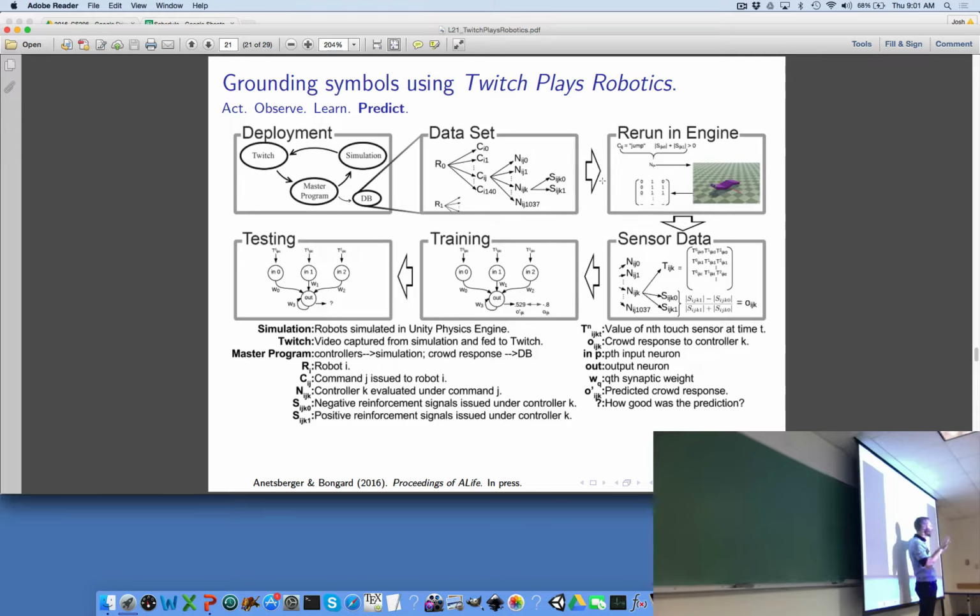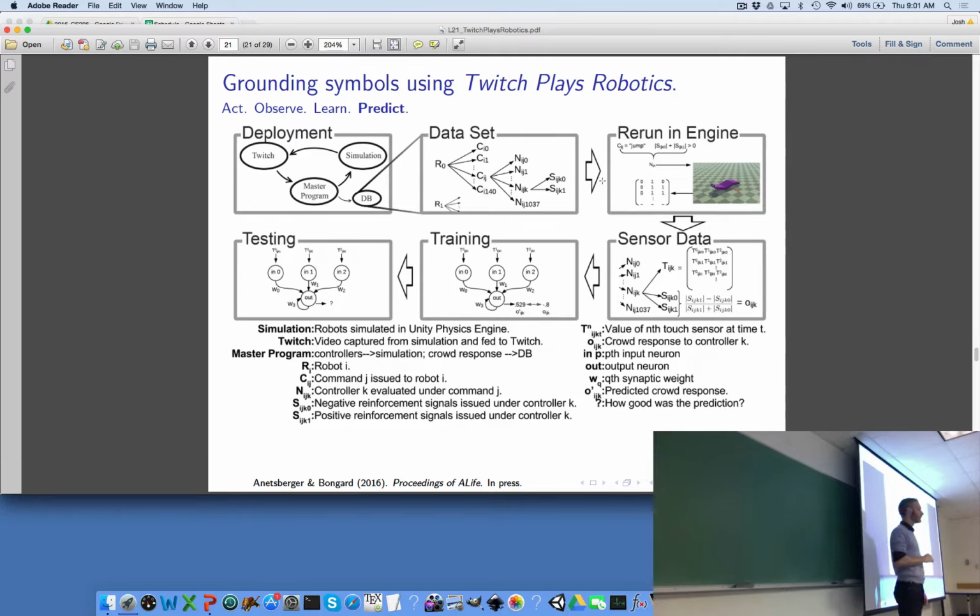We have those 6,000 controllers. For each one of those 6,000, we also have a matrix that says which part of the robot's body was in contact with the ground at a given time step. That's what we have. And for each one of those 6,000, we also have this one number, which is how many positives and negatives. Make sense?